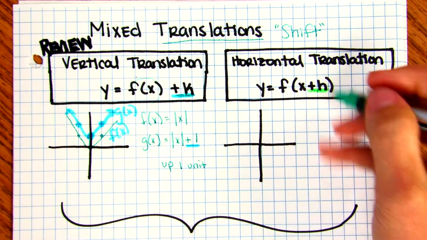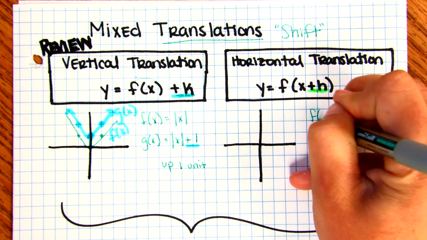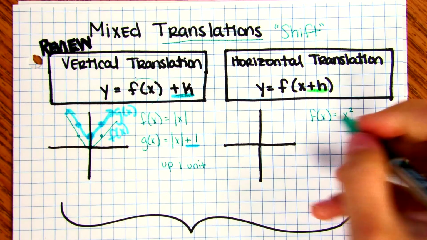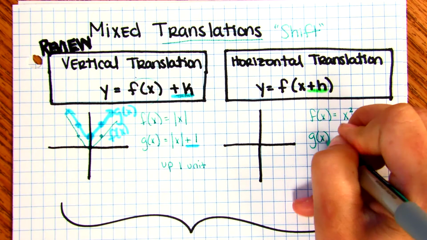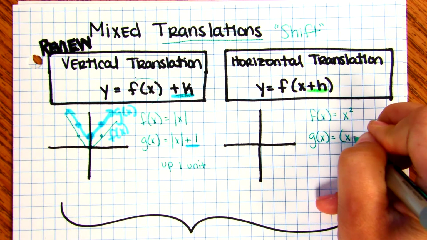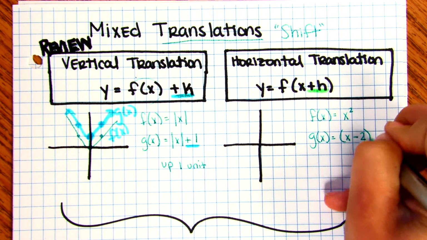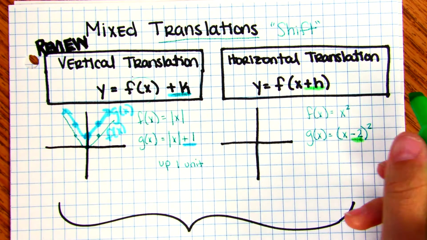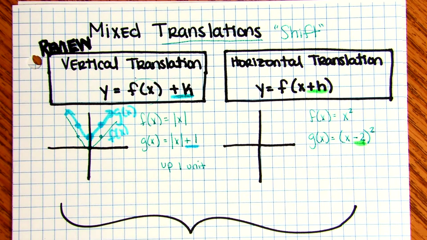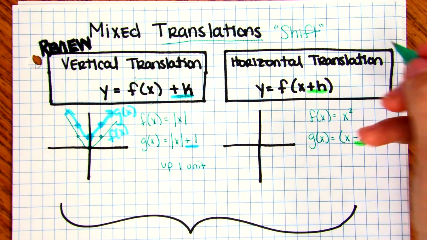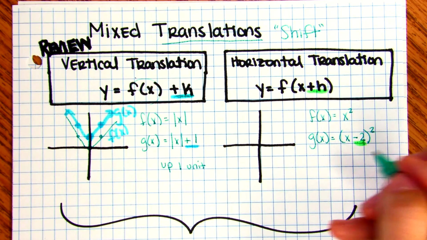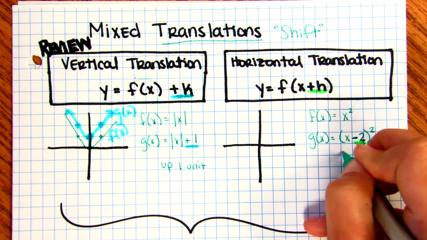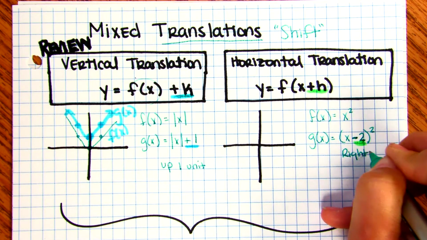So again, if we're looking at the parent function, f of x equals x squared, then if my transformed function is something like (x minus 2) squared, notice here I'm adding the value inside the function. And the key to remember is it actually moves the opposite direction. So instead of it going left 2 units, it's actually going to go right 2 units.